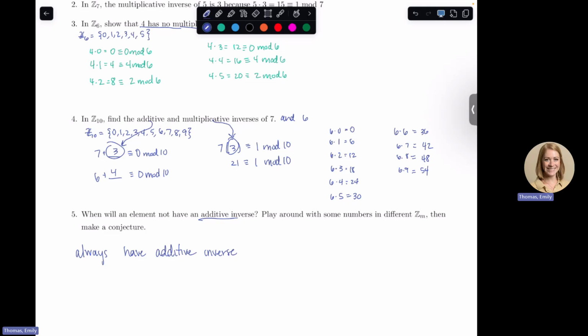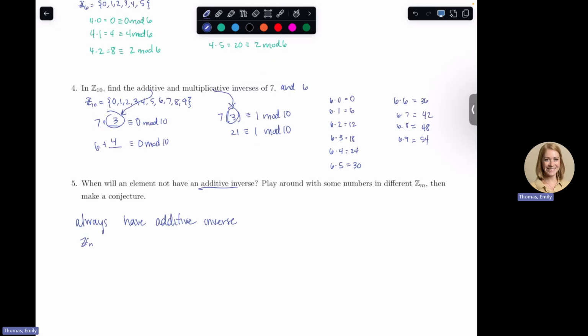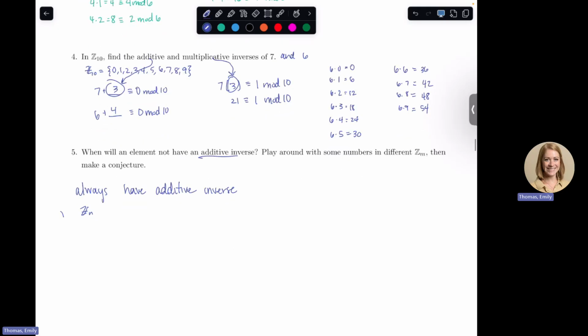If you're in Zm, say, you have X in Zm, the additive inverse is m minus X, because that'll add up to m, which would be congruent to 0 mod m.